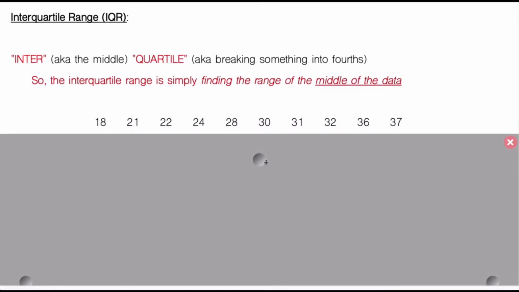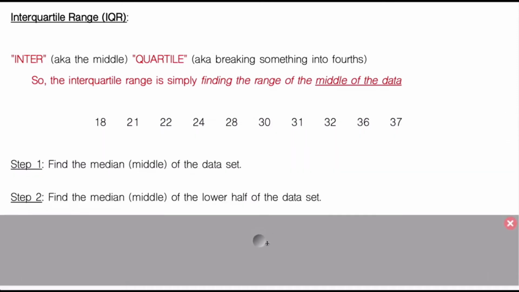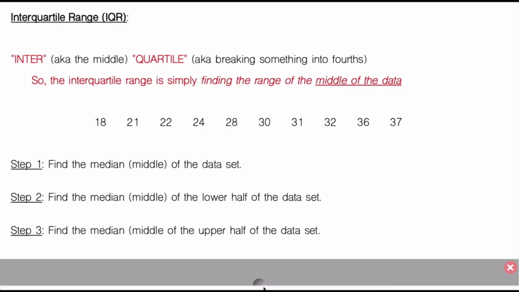So let's go back to the example we just did before. Literally just did this. We found that the middle, step 1, is 29. The middle of the lower half, which we're going to call Q1, is 22, and the middle of the upper half is Q3. So we've done actually 90% of the work.